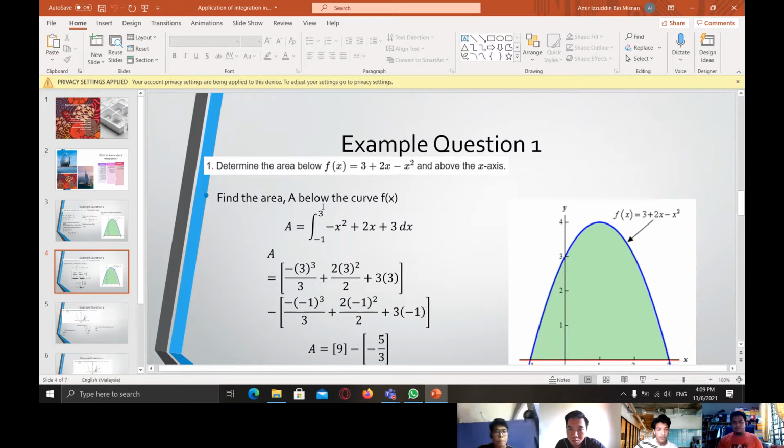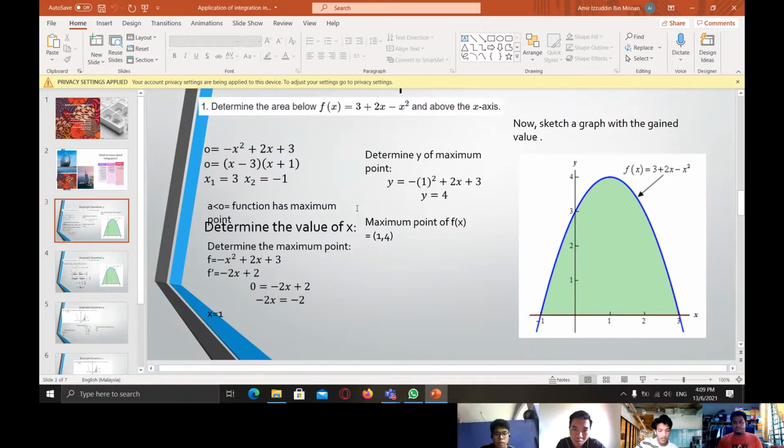For step 2, from the graph, the upper function is the parabola y equals 3 plus 2x minus x squared, and the lower function is y equals 0. Since we are not given limits on x in the problem statement, we need to get them from the graph.